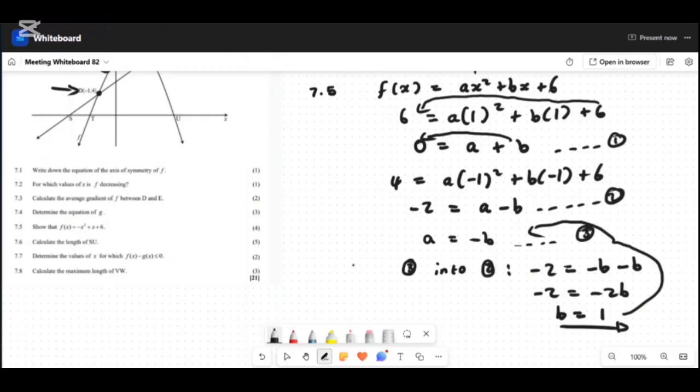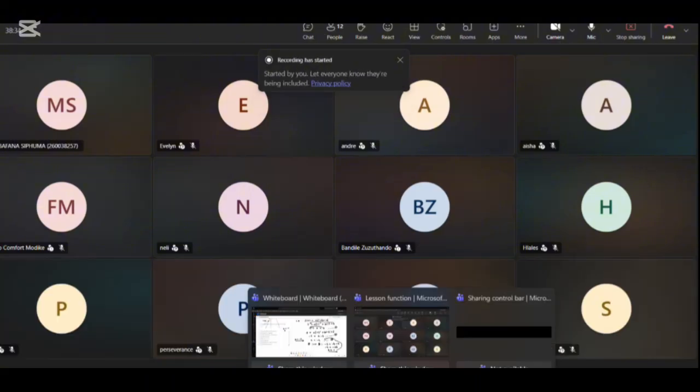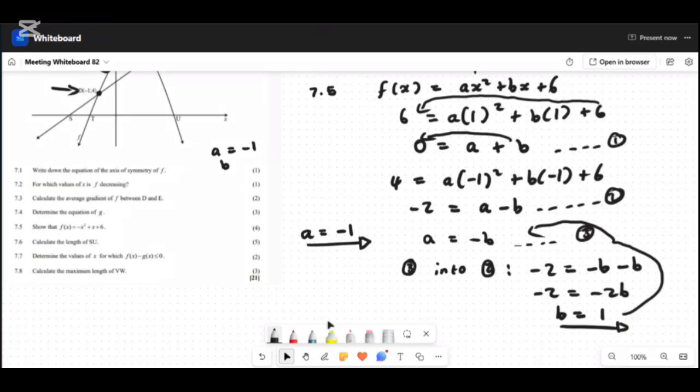So A is going to be -1 right there. You see now, you have A being equal to -1, B will be equal to 1, and then C will be equal to 6.